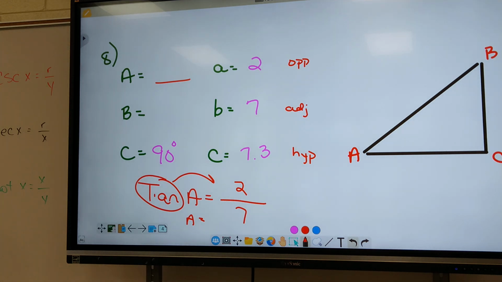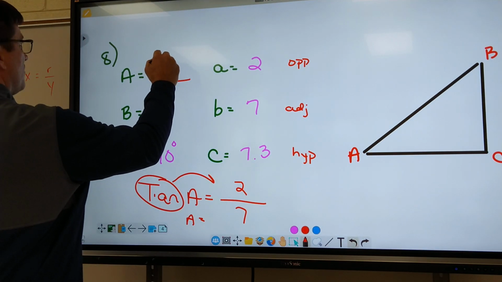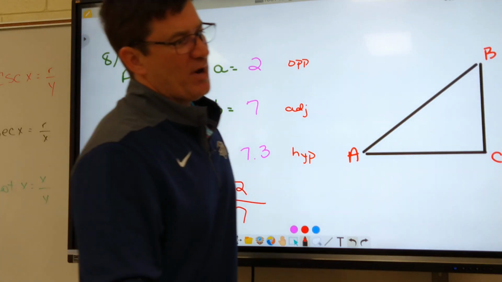Now, whatever number it gives you has to be written in degrees and minutes. How do you know that? Because it's on the left column where all the angles go. So degrees, minutes, and seconds. I got 15 degrees and 57 minutes.